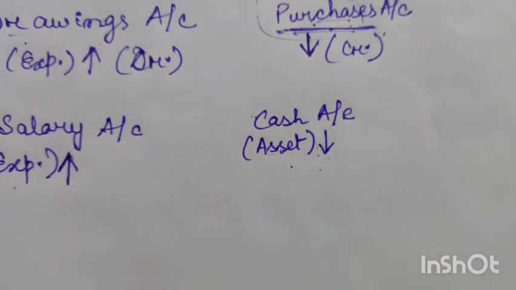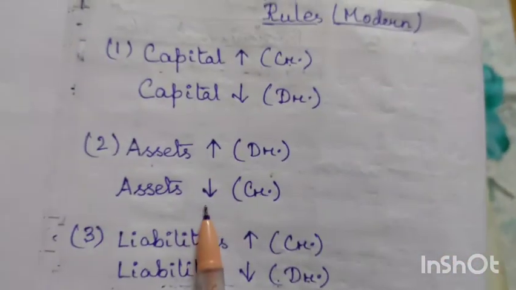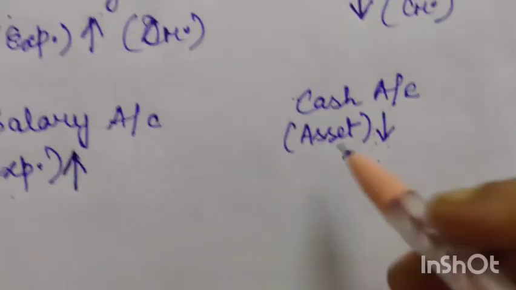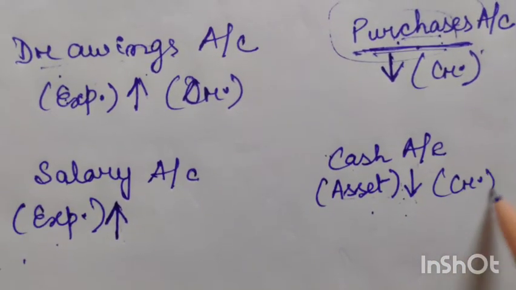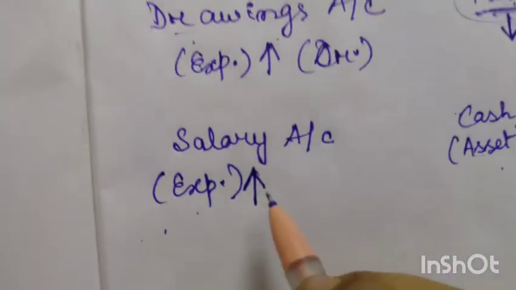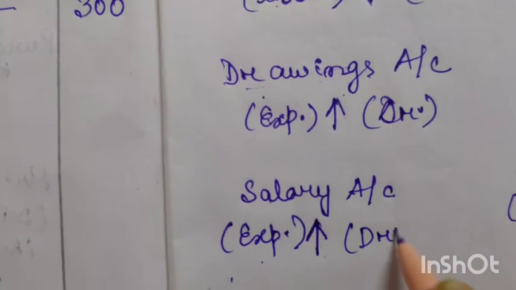Now according to the rule of accountancy, if asset decreases, then it is credit. So here it will be credit, and if expense increases, then debit. So here our expense, means our salary, will be debited.